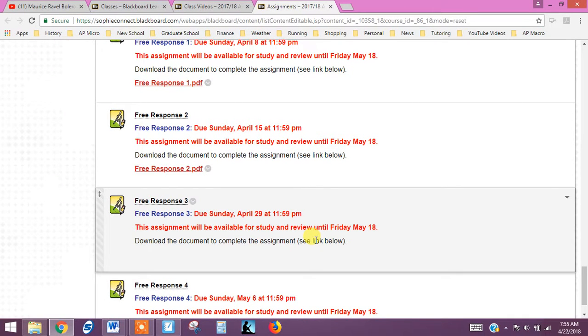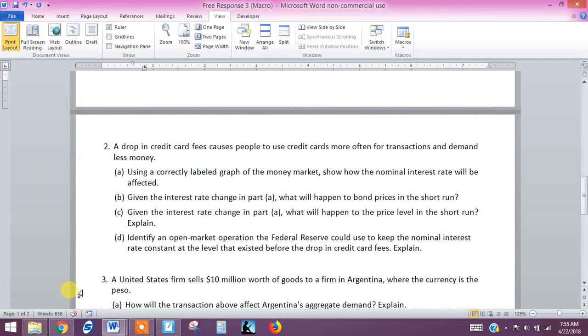We are continuing with free response 3, question 2. So question 2 is we are experiencing in the economy a drop in credit card fees that causes people to use their credit cards more and go to their bank ATM and draw out cash less often.